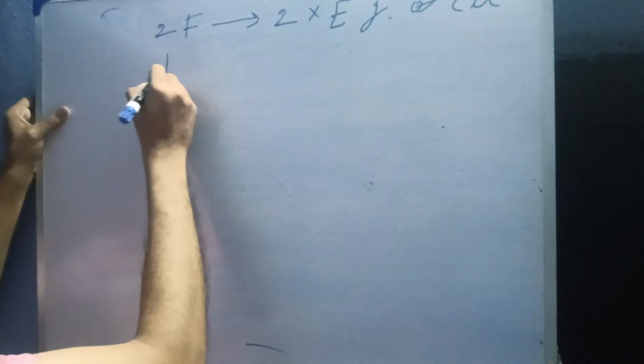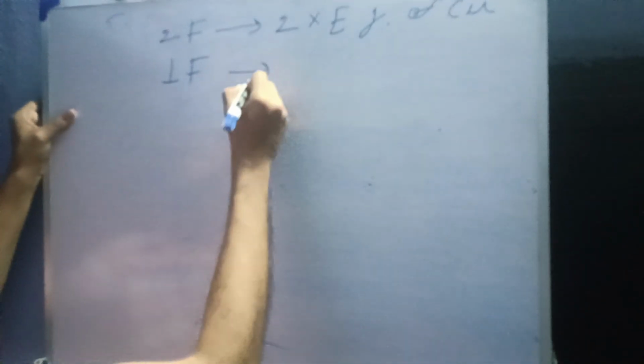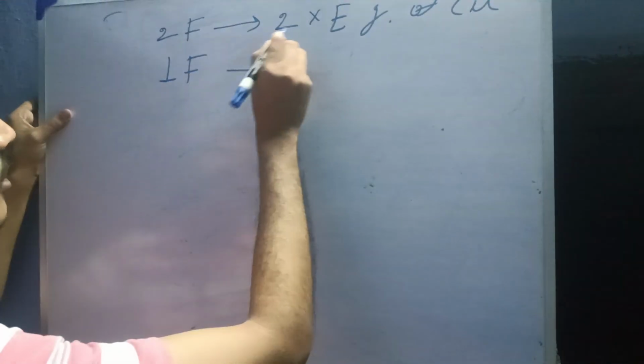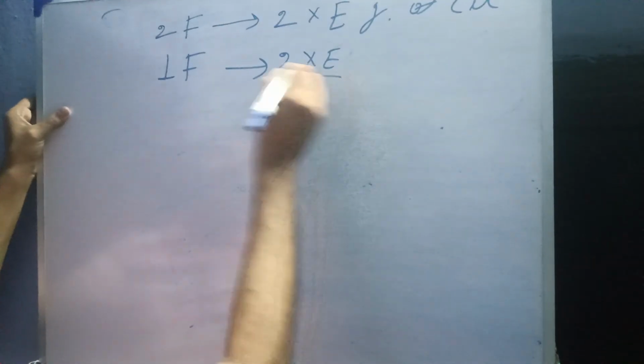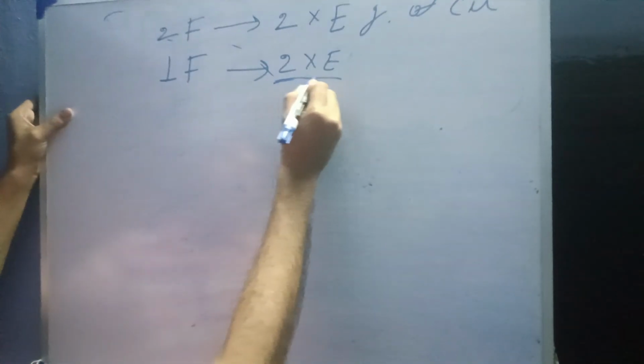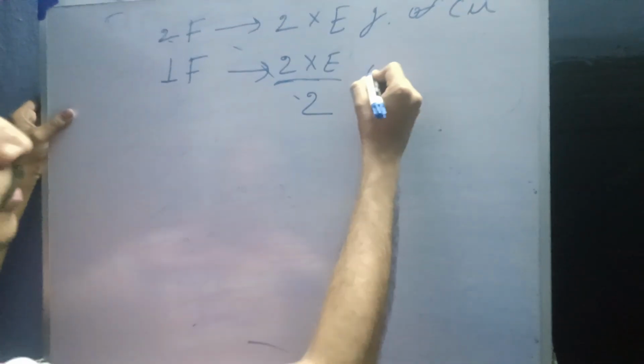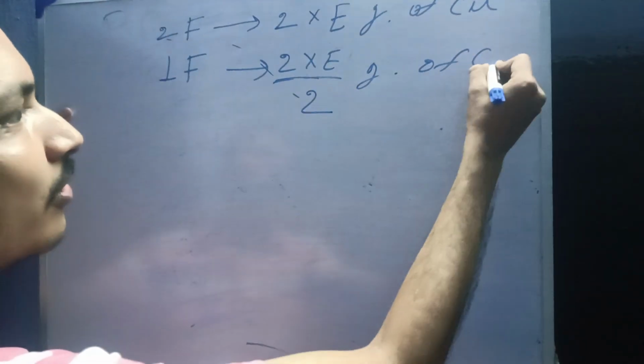Hence 1 Faraday produces, it is a simple unitary method, 2 into E divided by 2 gram of copper.